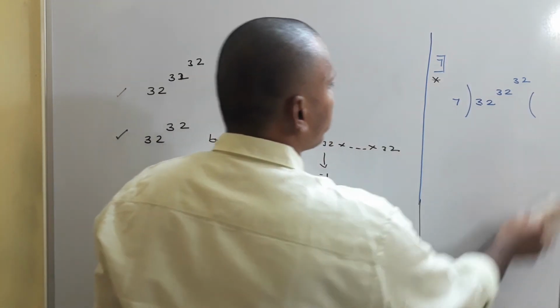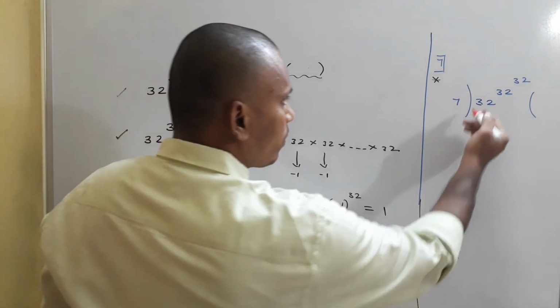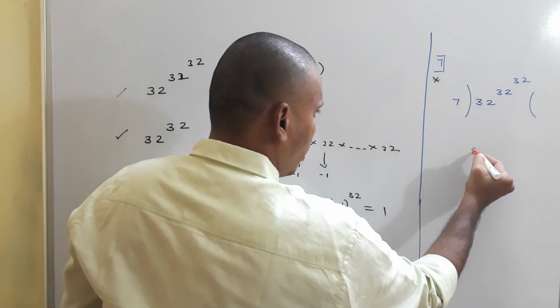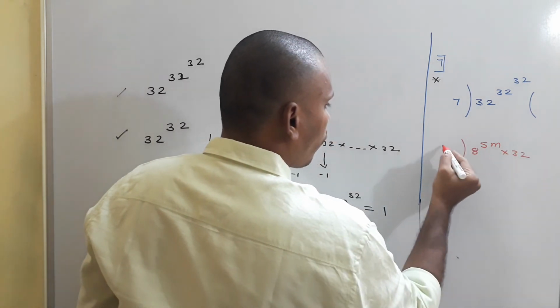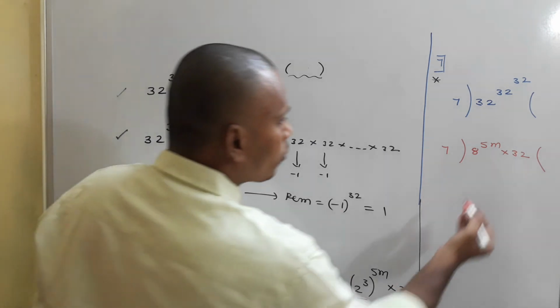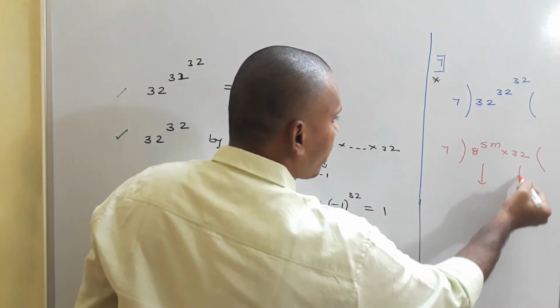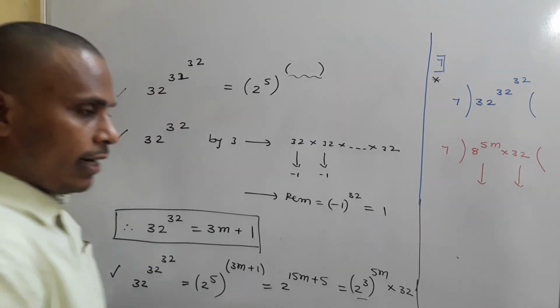Okay? So now this 32 power 32 power 32 is nothing but 8 power 5m into 32, and we need to find out the remainder when it is divided by 7. As a part of that, you just think about this one and separately about this one.